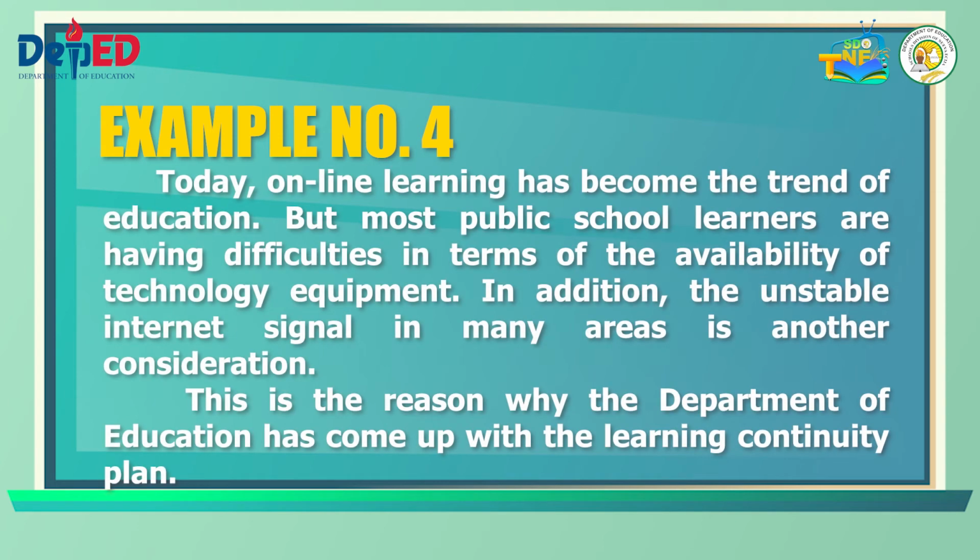Today, online learning has become the trend in education. But most public school learners are having difficulties in terms of the availability of technology equipment. In addition, the unstable internet signal in many areas is another consideration.